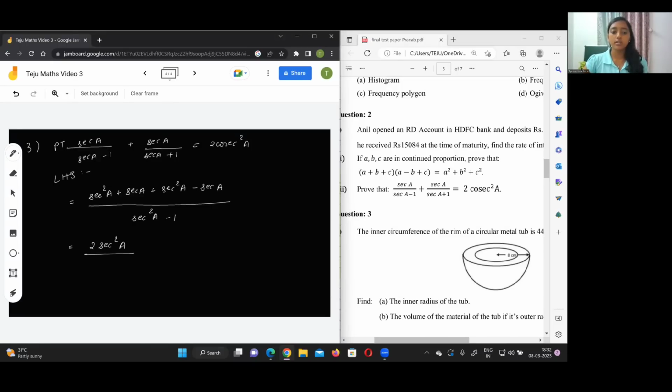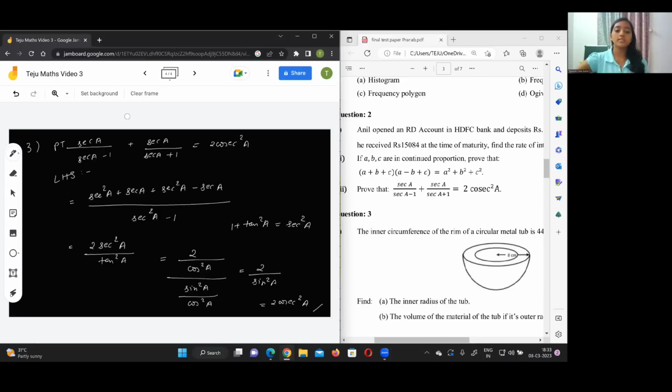So we know that 1 plus tan square A is equal to secant square A. So secant square A minus 1 is nothing but tan square A, which is nothing but 2 by secant square A by... is nothing but 2 by cos square A by sin square A by cos square A. So what you get is 2 by sin square A, which is nothing but 2 cosecant square A.